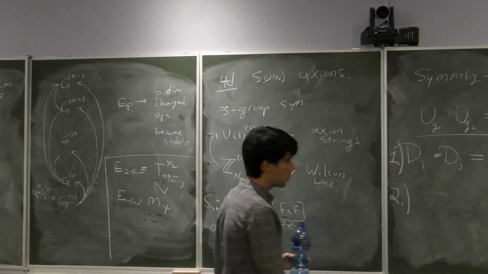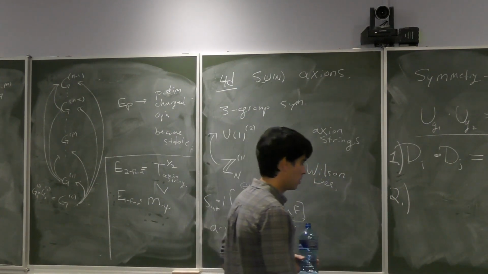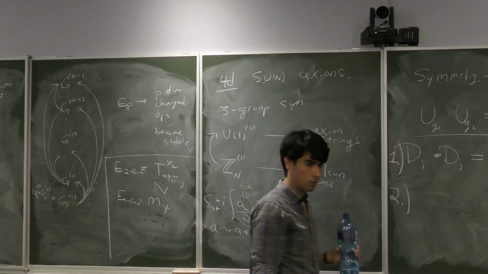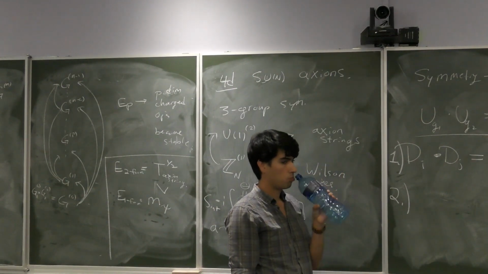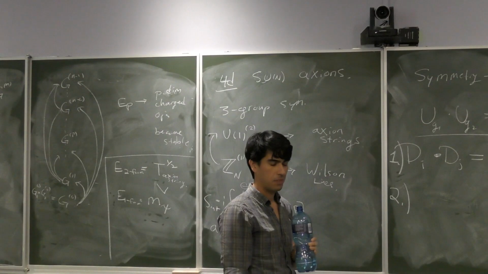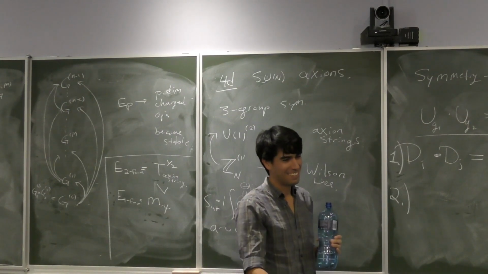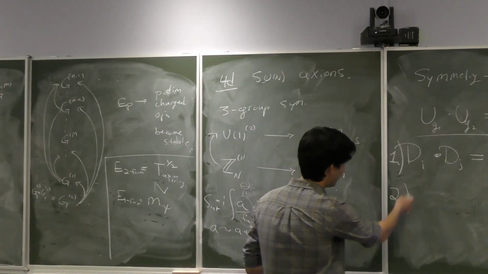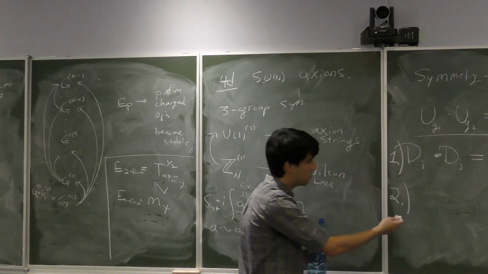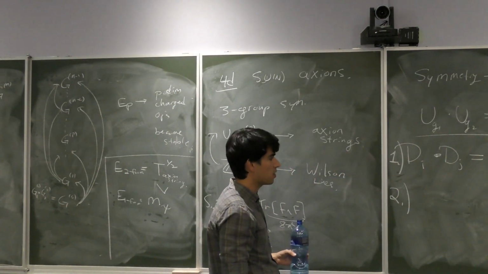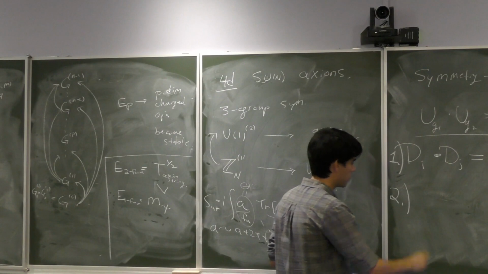There's an even more dramatic version of these. C_ij are valued where? In some category, sorry. There's actually an even more dramatic way that you could have some symmetry that doesn't look like a normal group symmetry.